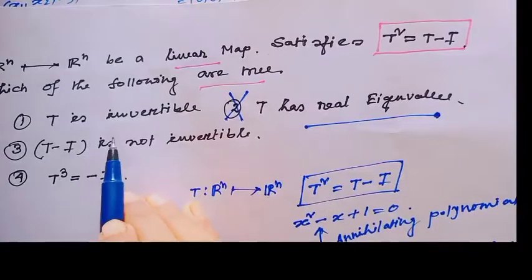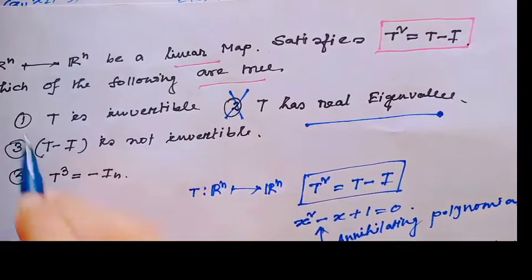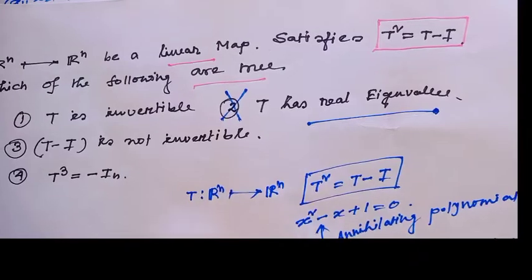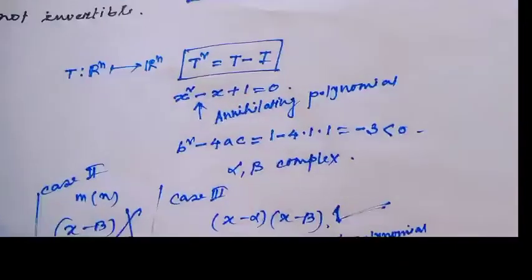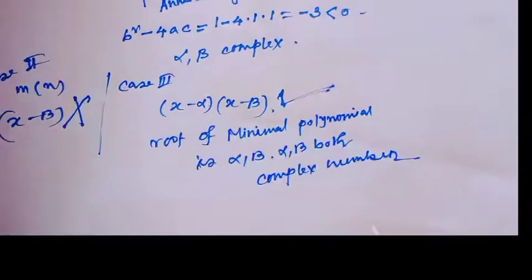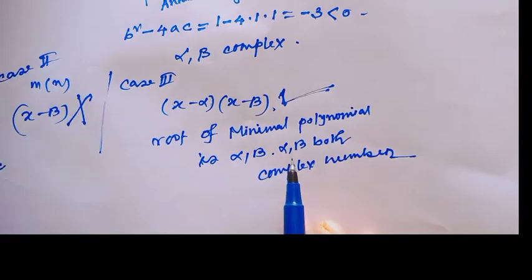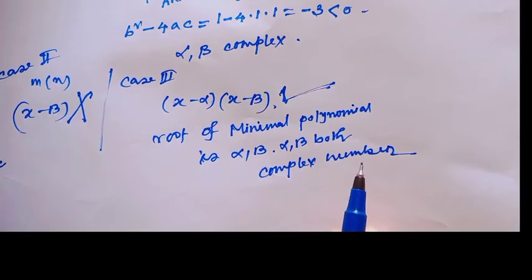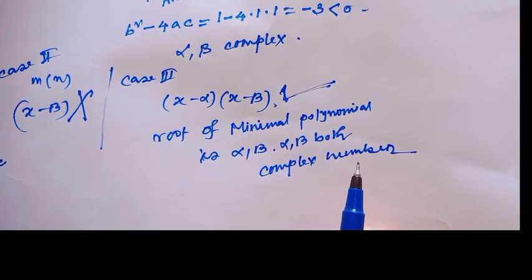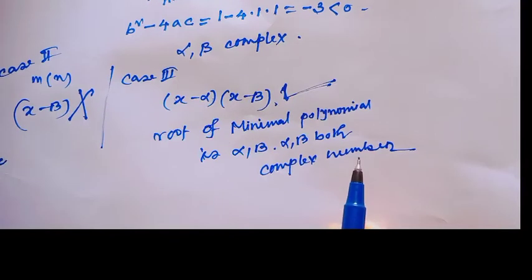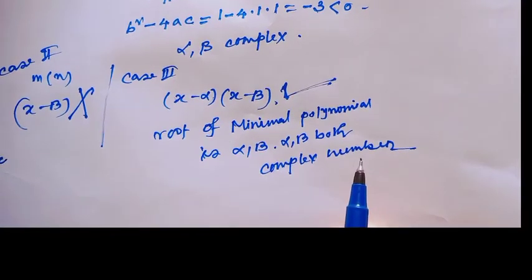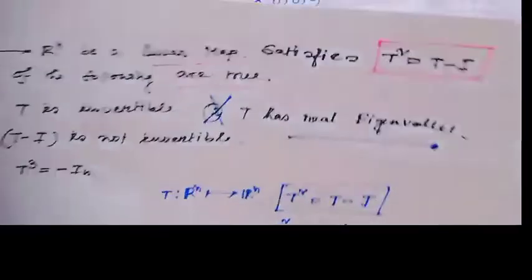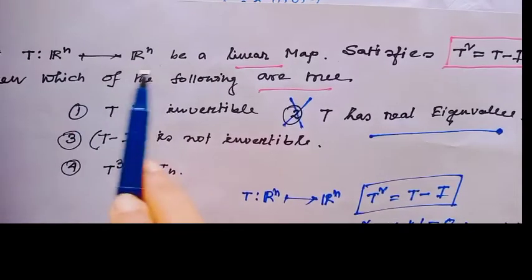And option 1 indicates T is invertible. Is it possible? Actually, this type of example I have discussed in my previous video. From the roots of this minimal polynomial, we can tell these are also roots of the characteristic polynomial. This is true. But we cannot tell about the repetition, because here T is a linear operator from Rn to Rn.